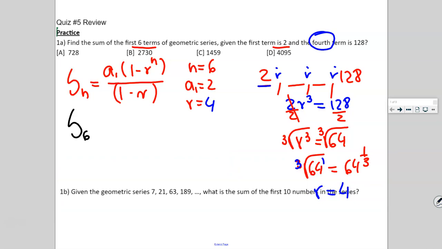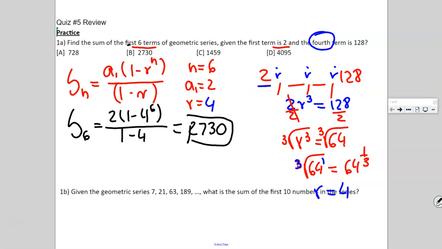So this is going to be sum sub 6 equals our first term, which is 2, times 1 minus our ratio, 4, raised to the 6th power, all this over 1 minus your ratio, which is 4. Plugging it all into the calculator, we are going to get 2,730. So that's our final answer, and it's answer B.